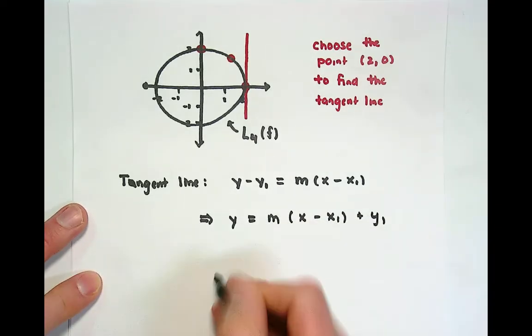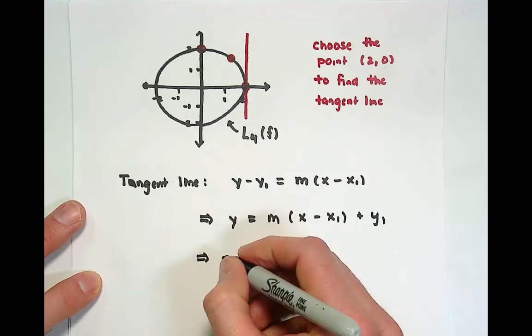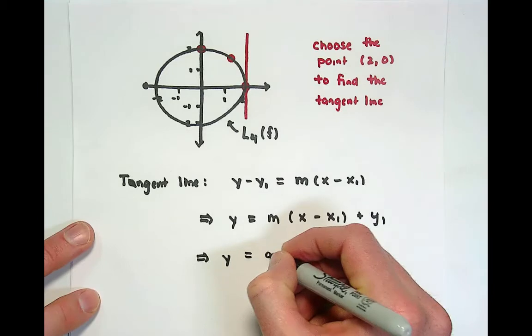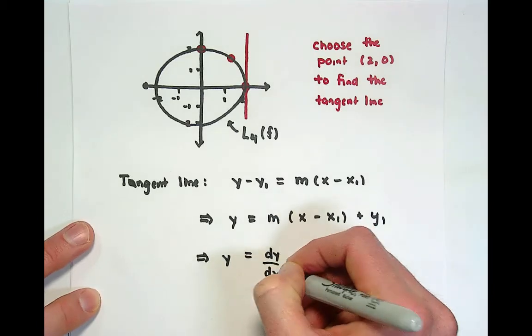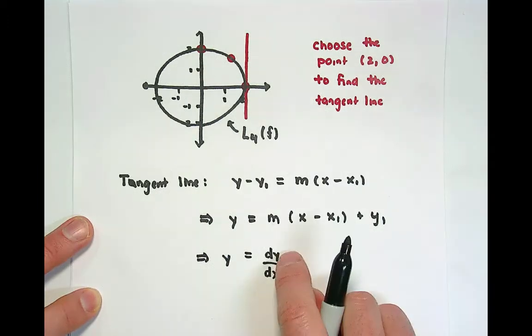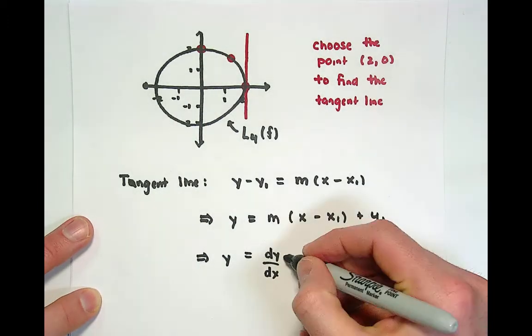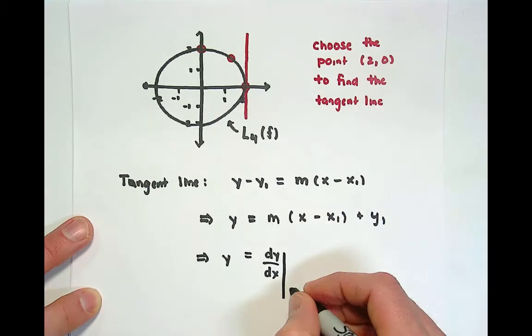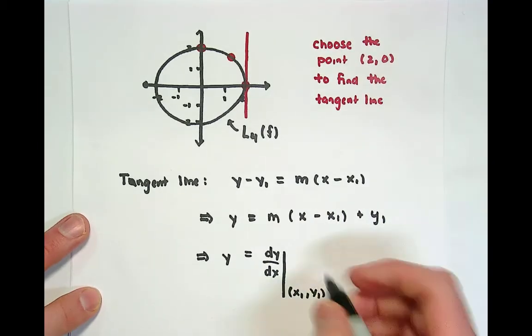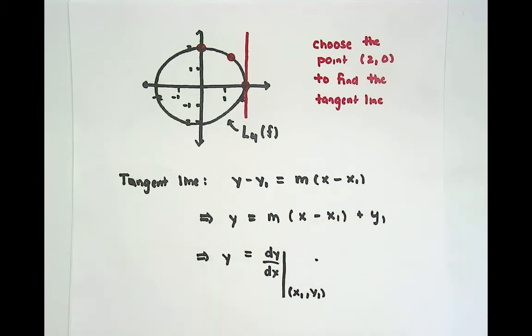So there's the point on the line. And one of the really special things about this is that this slope will be the derivative of the curve, where we're thinking about the y output changing in terms of the x, evaluated at the input point x1, y1. That's the evaluation bar, and that now is our slope.